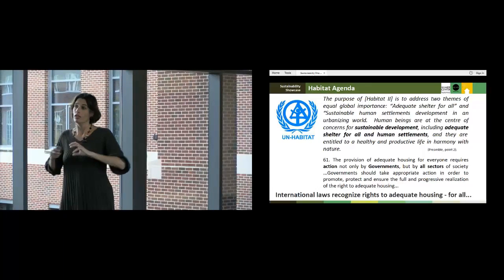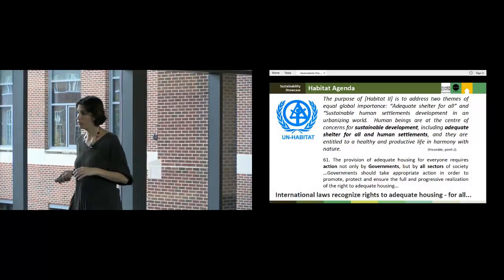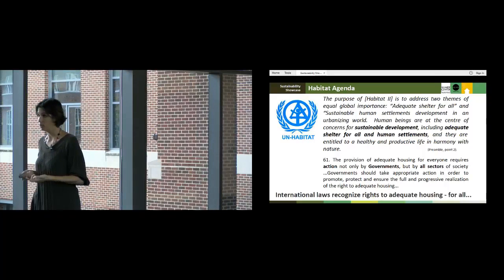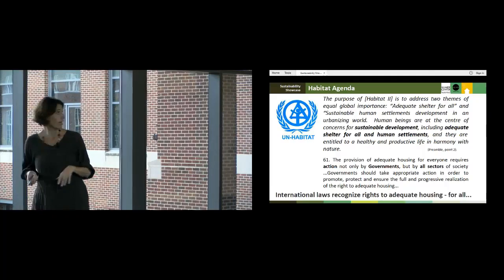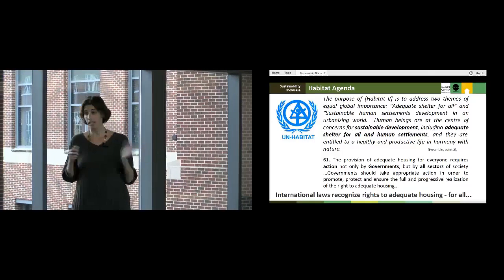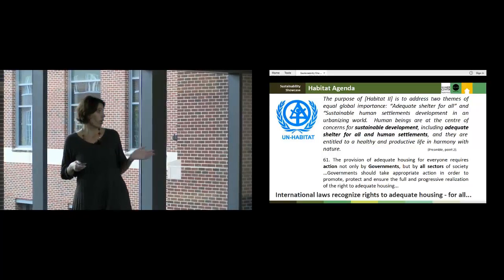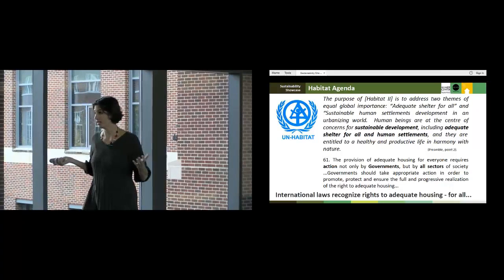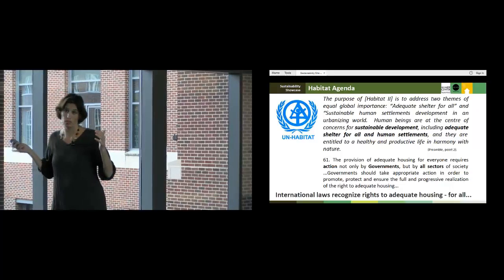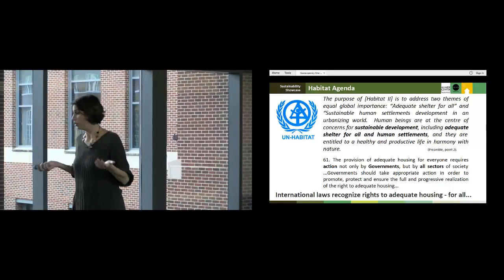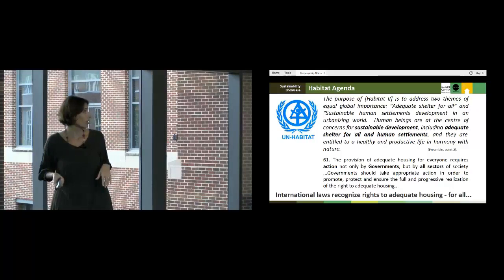Expanding on that, there have been several UN conferences that look at sustainable development goals and specifically housing to really understand how international human rights laws can recognize adequate standards of life for everyone, but that includes adequate housing.